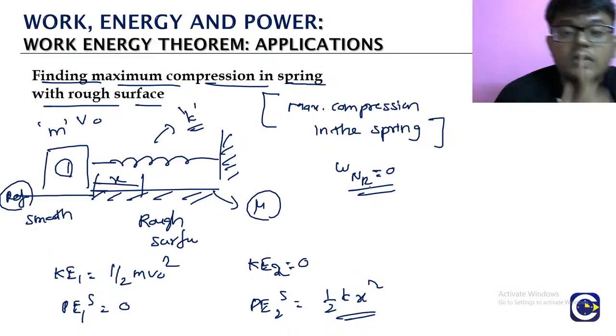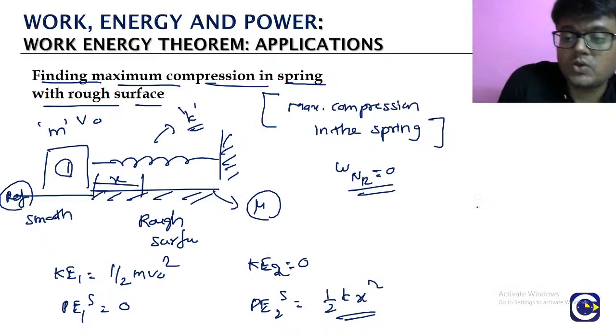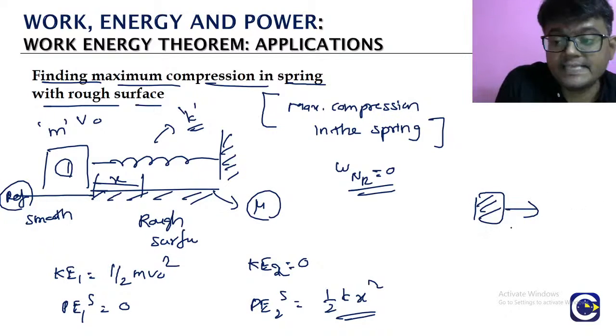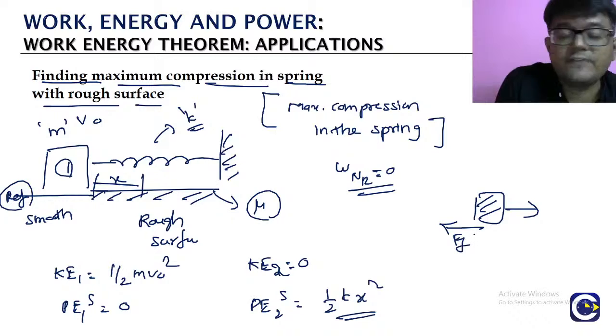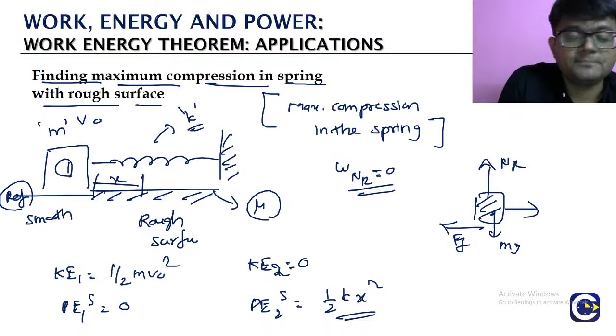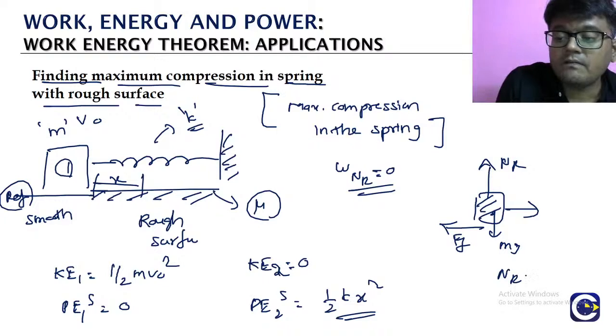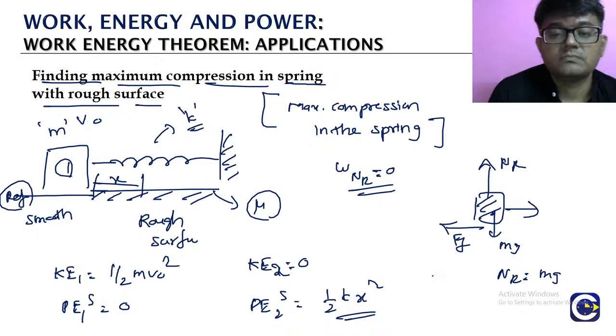But here we will have a work done by friction. So look at this. When the block is moving towards the right side, frictional force will be to the left. What about the frictional force value? Remember when we do the vertical balance, the block is moving horizontally, we will get normal reaction is mg.